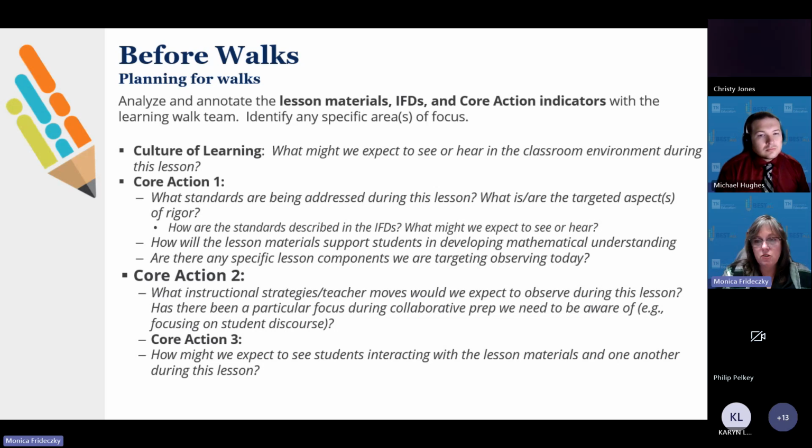What standards are being addressed? What's the aspect of rigor? Again, you can get that from the IFD, but also in all of the materials that I've reviewed or that I've been a part of doing walks in, the materials themselves say this lesson will address this aspect of rigor, and this lesson will address these student practices even.